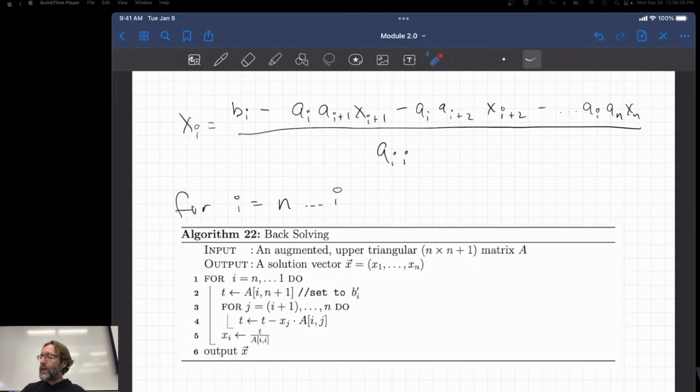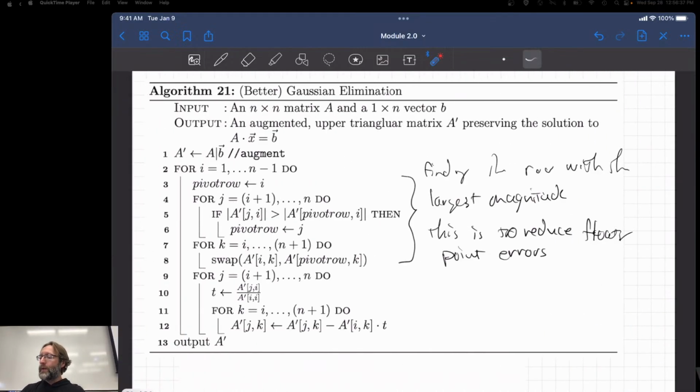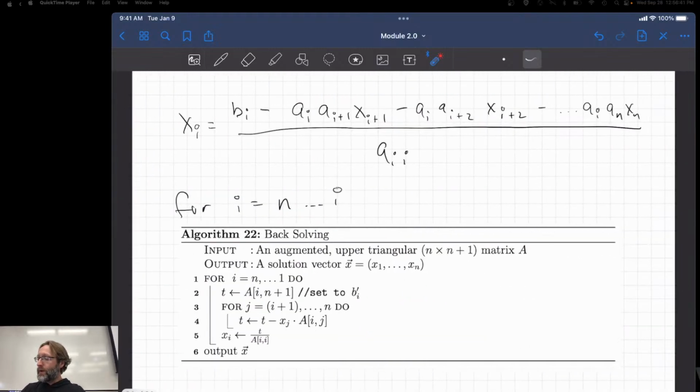So once we have that augmented matrix from the original Gaussian elimination, then what we can do is plug that in to this back solving, and all we have to do is run i from n down to 1, and we set this last one to b sub i, this thing right here.